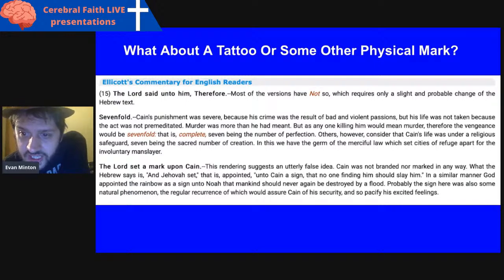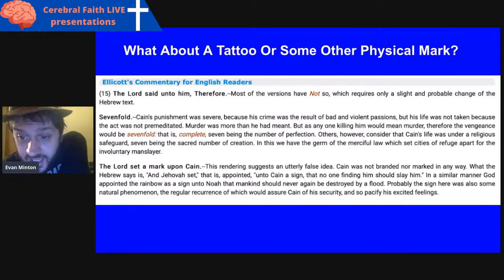Murder was more than he had meant, but as anyone killing him would mean murder, therefore the vengeance would be sevenfold, that is, complete, 7 being the number of perfection. Others, however, consider that Cain's life was under a religious safeguard, 7 being the sacred number of creation. In this we have the germ of the merciful law, which set cities of refuge apart for the involuntary manslayer.